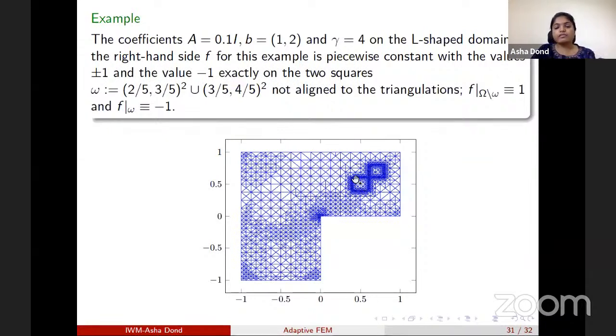At that time, when solving this problem, the data approximation is important. When we apply the adaptive separate marking algorithm, the algorithm was using the data approximation frequently compared to the estimator, and after that we got this adaptive mesh. Here also we got the optimal convergence rate by using the separate marking algorithm.